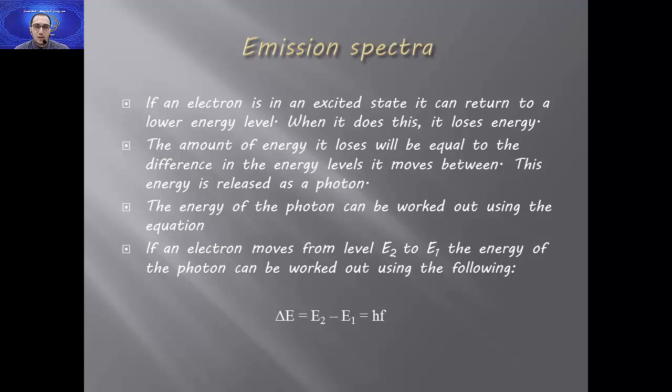And we know that if an electron is in an excited state... what is meant by excited state? As we explained, around the nucleus we have more than one shell or level of energy, all of this inside the atom.